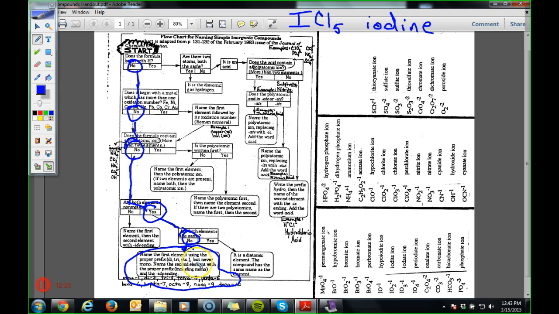And then name the second element with the proper prefix, including mono and the IDE ending. So we see on this list that 5 is penta. So we are going to say penta because we have 5 chlorines, but instead of chlorine, we're going to say chloride. This chemical is called iodine pentachloride.